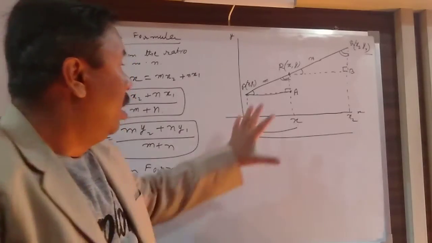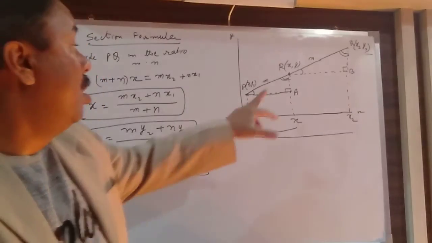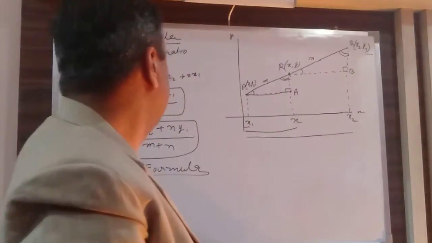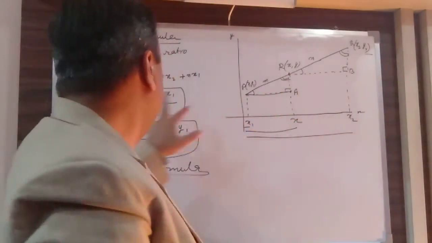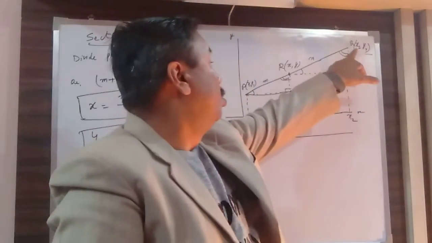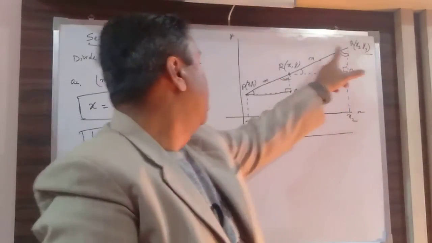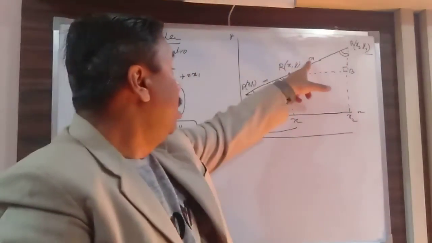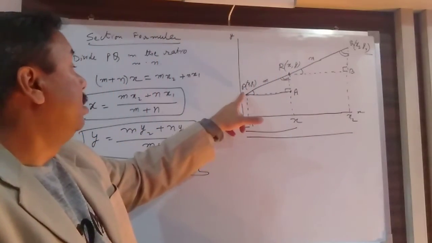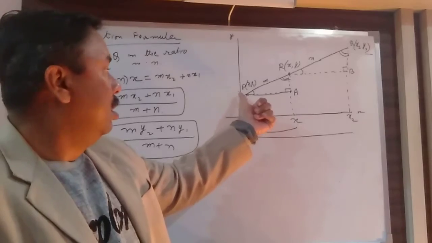Okay. See how to correlate, how this has been done. What is x? In the numerator, you have got m multiplied by x2, ratio of this side multiplied by coordinate of other side, plus n multiplied by x1, ratio of this one multiplied by coordinate of this side.